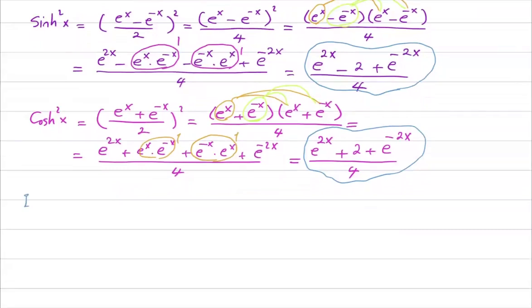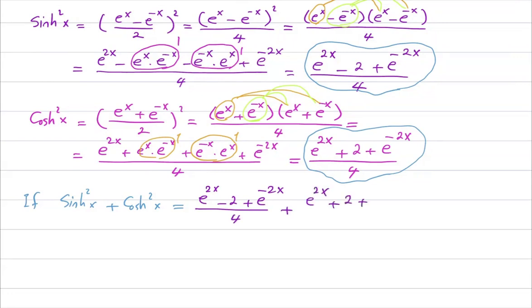If you take hyperbolic sine squared of x and add it to hyperbolic cosine squared of x, what do we have? We have e to 2x minus 2 plus e to the power negative 2x divided by 4, added to e to 2x plus 2 plus e to the power negative 2x divided by 4, and then combine the denominator, which is 4.